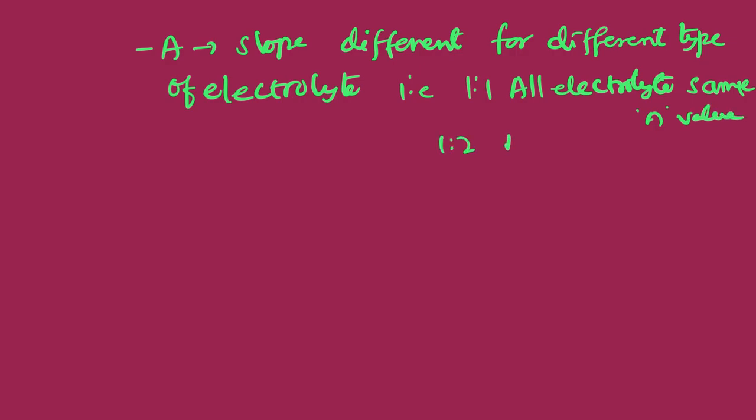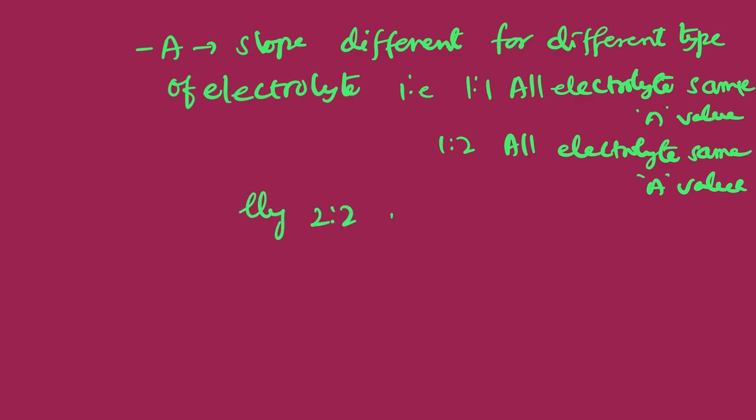For 1:2 type electrolytes, all have the same A value. Similarly, for 2:2 type electrolytes, all have the same A value. So the A value depends on the type of electrolyte.